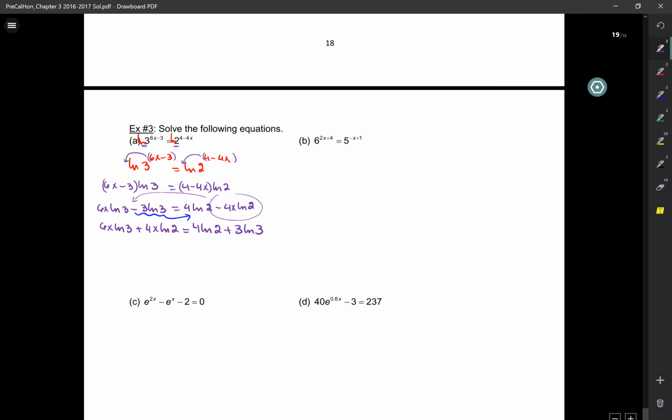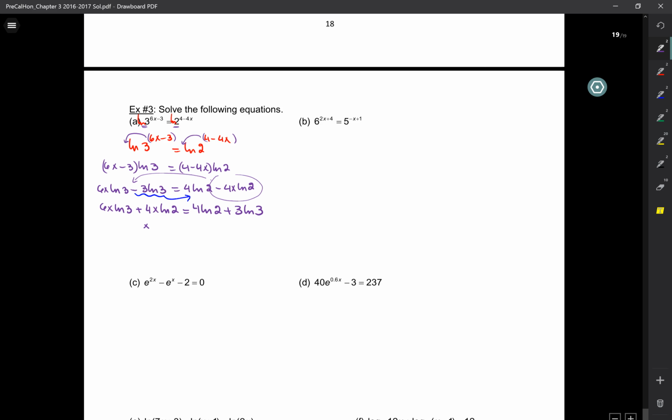Now, can I factor out an x? Sure I can. I can factor out an x, and I get, let me write it off to the side here, x times 6 ln of 3 plus 4 ln of 2 equals 4 ln of 2 plus 3 ln of 3.